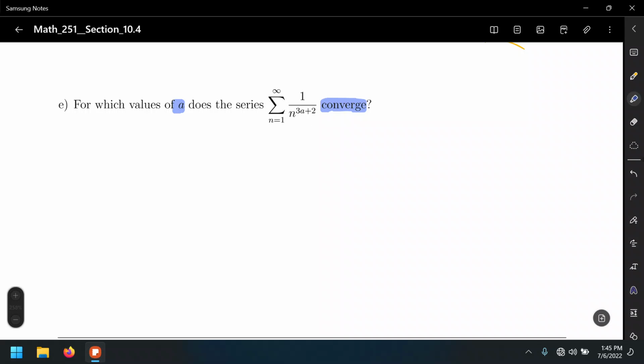In order to determine the convergence or divergence, we judge by the value of the exponent of n. Because we want convergence, we want the power of n to be greater than 1.